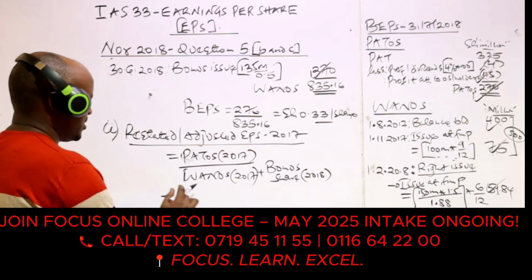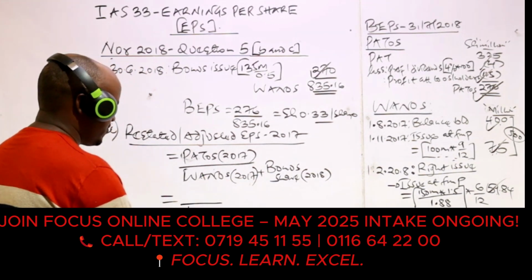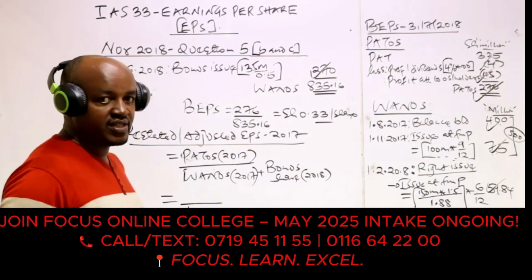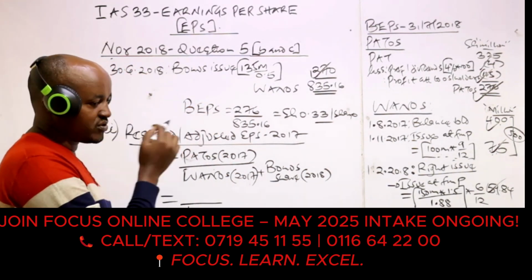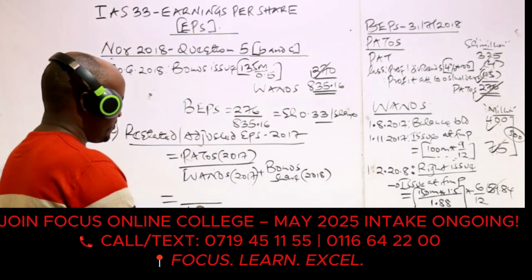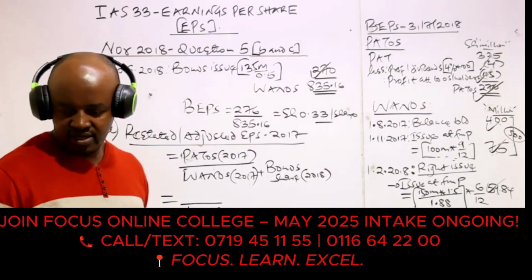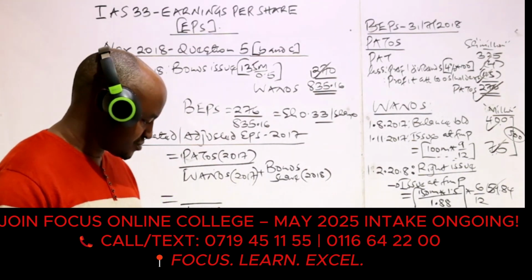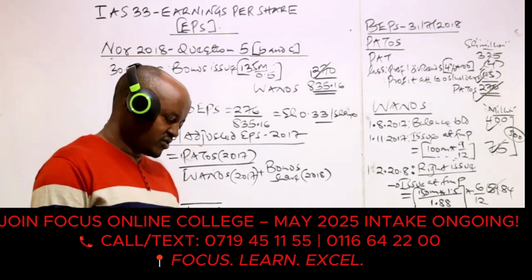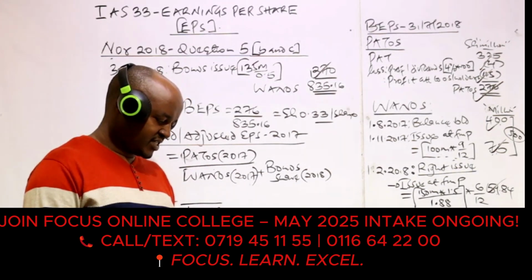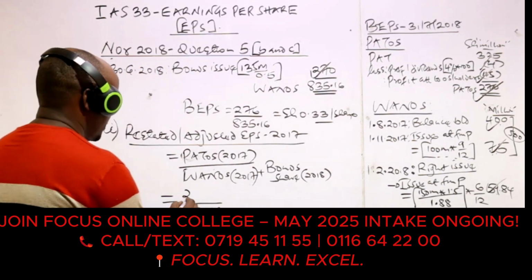So basically in our case, what we used to compute the earnings per share for 2017 was 400 million. And then can I remember the figure for the PATOS? Yes, for the PATOS, it was 240 minus 4 minus 30. Yes, it was 206. That was the PATOS.